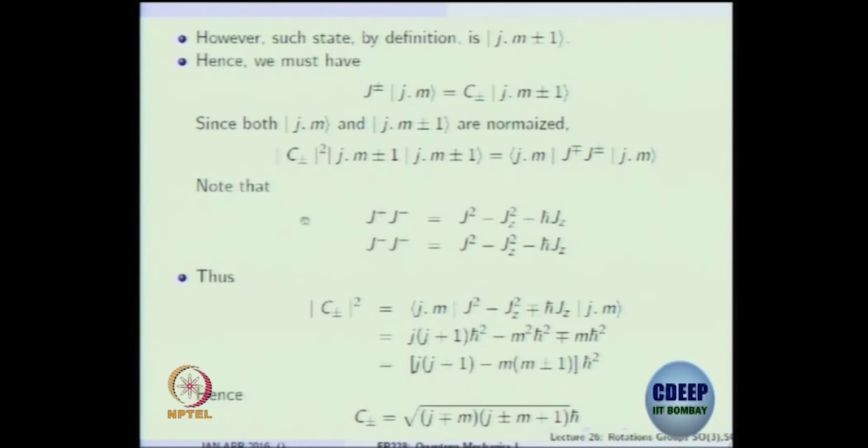That's why I am going very fast. So do this and find out what the mod squared of C plus or minus is. C plus or minus will turn out from angular momentum algebra also in this fashion. I'll leave it to you here. I'll stop here.